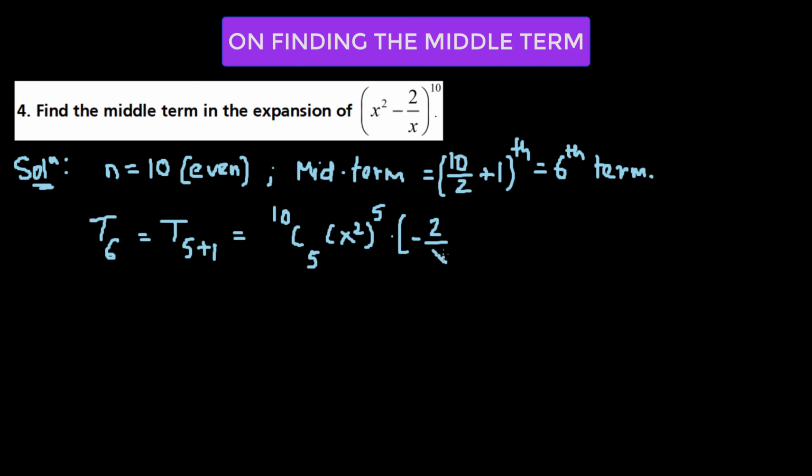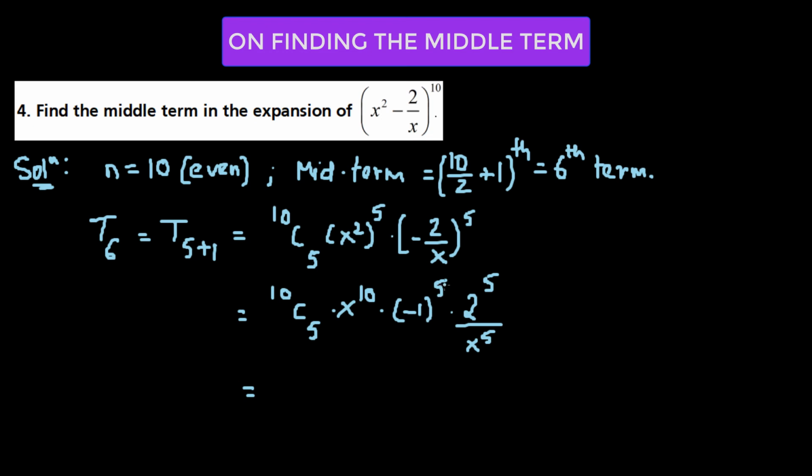2 over x raised to the power of 5, which is equal to 10c5 times x squared raised to the power of 5, which would be simply 2 times 5, so we get x raised to the power of 10, times negative 1 raised to the power of 5 times 2 raised to the power of 5 divided by x raised to the power of 5. So we pull out the negative 1.